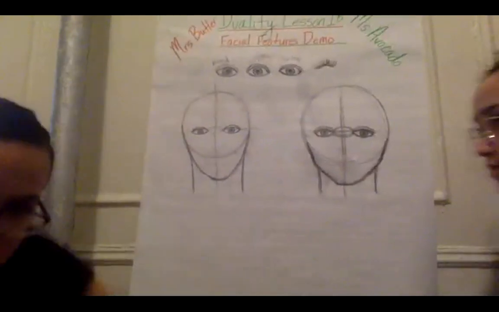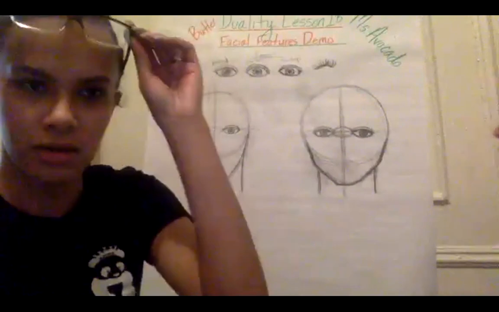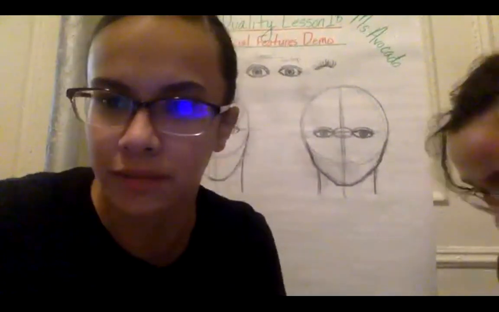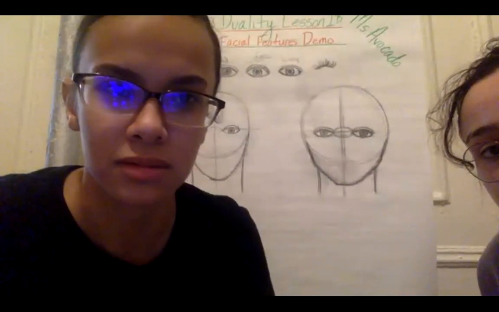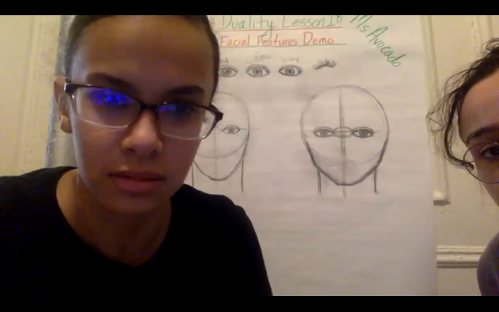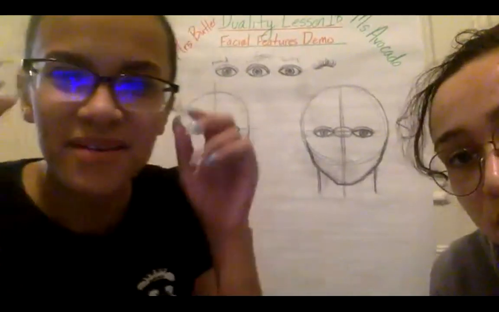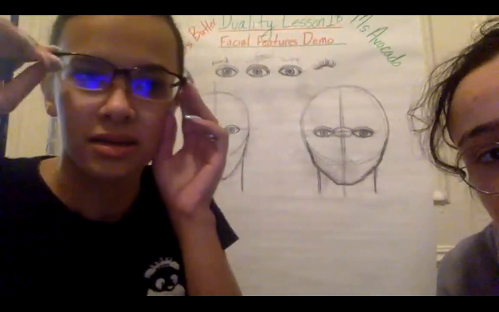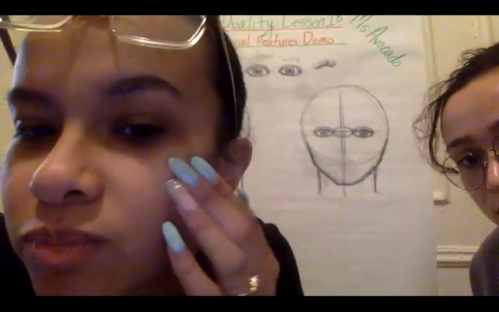All right. So with mine, it's a little hard to tell. Oh, wait. Let me get this. Oh, I can't see mine. Wait. Okay. So with mine, they're kind of short.